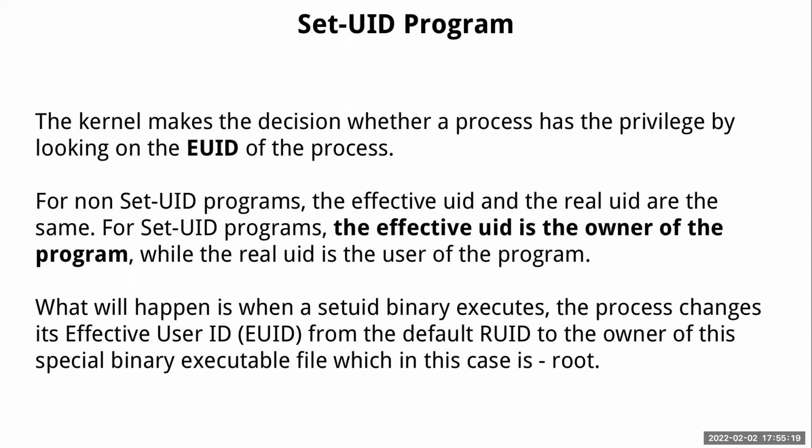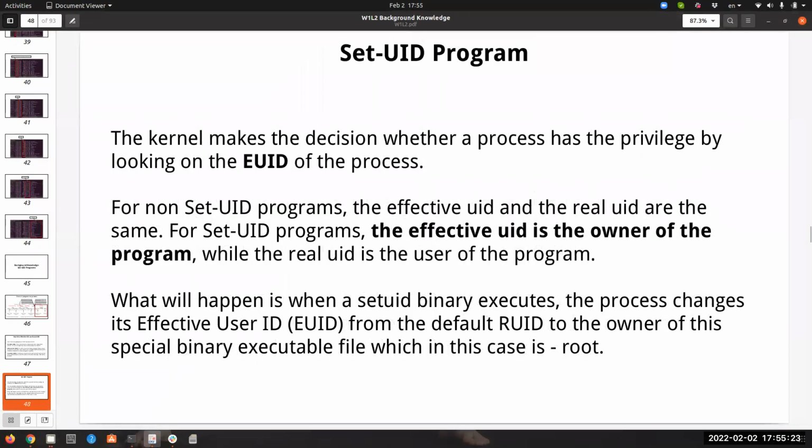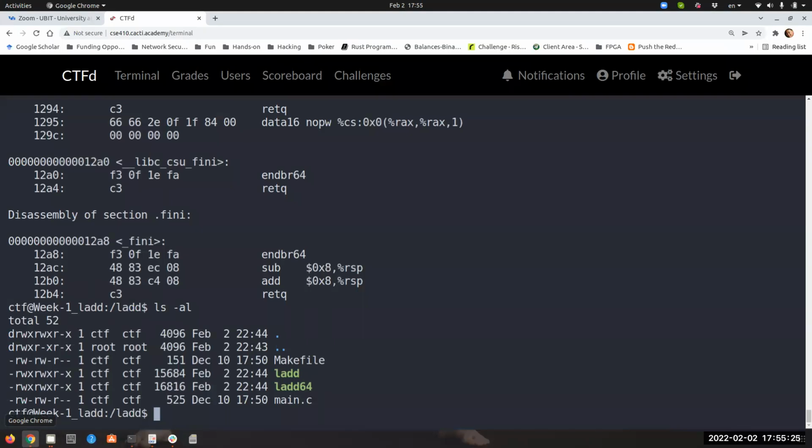Okay, so for most programs, like what we have in this folder, we have 2 programs. Those are not set UID programs. If they are not set UID programs, when those programs are executed, their effective UID is the same as the real UID.